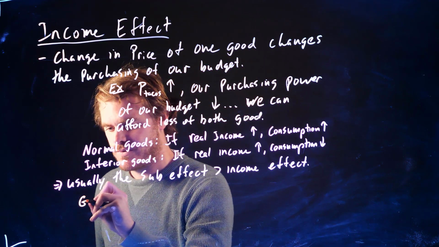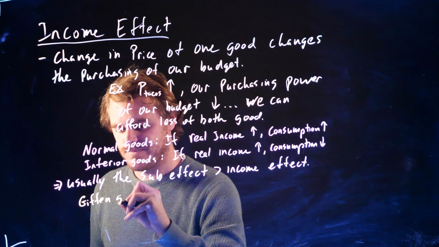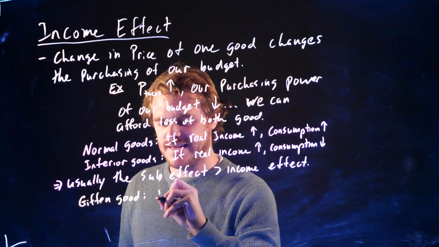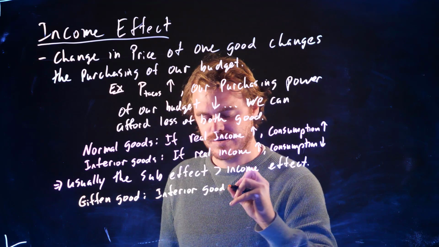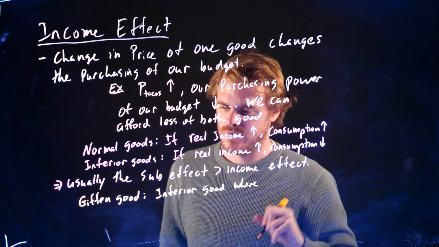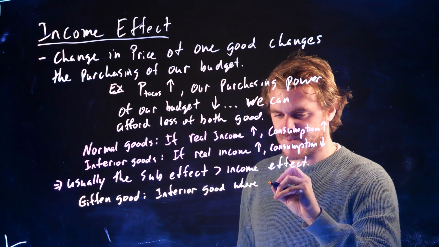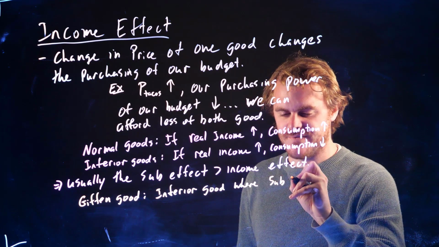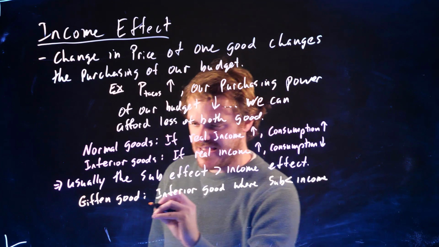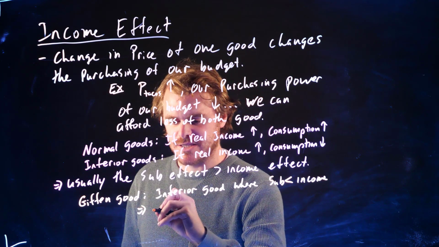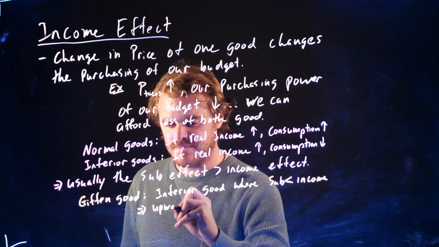And here, we call a Giffen good an inferior good where the substitution effect is less than the income effect. And what's going to happen here is we're going to have an upward sloping demand curve.